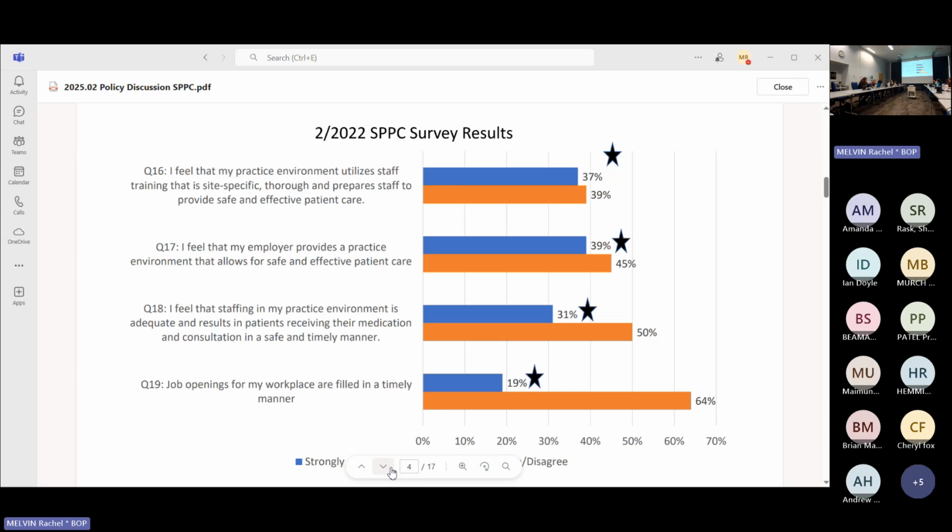It's just a continuation of the questions. For example, I feel that my employer provides a practice environment that allows for safe and effective patient care. Job openings for my workplace are filled in a timely manner. I feel that my practice environment utilizes staff training that is site-specific, thorough, and prepares staff to provide safe and effective patient care.